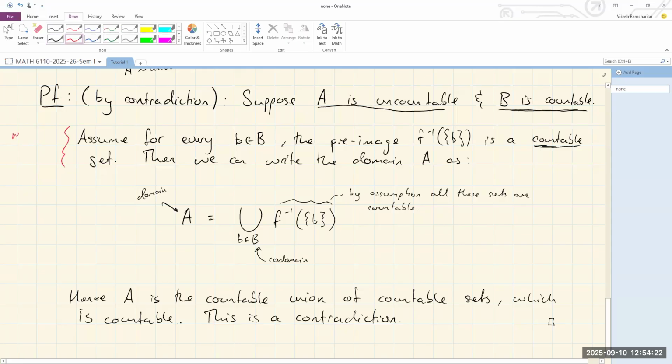This is the negation of what we want to prove. Okay, so that was wrong. So if this statement is wrong, it means that there exists an element in B such that the pre-image is actually uncountable, which is what we were asked to prove.